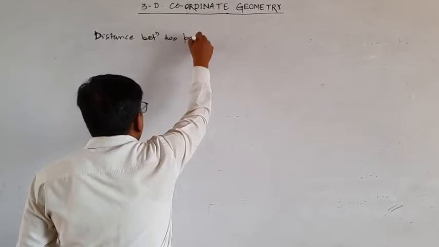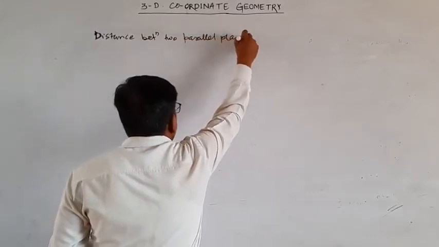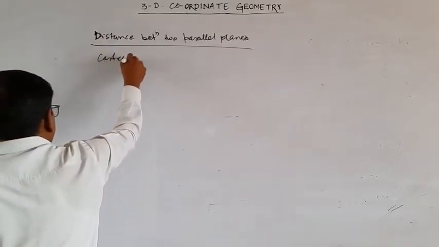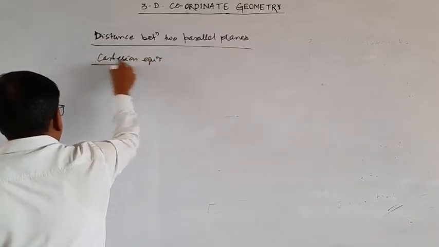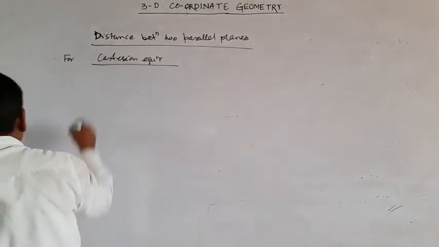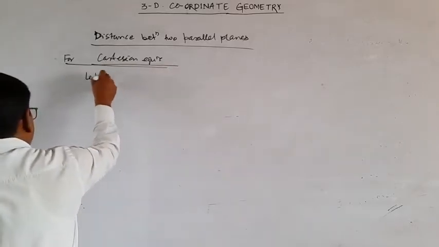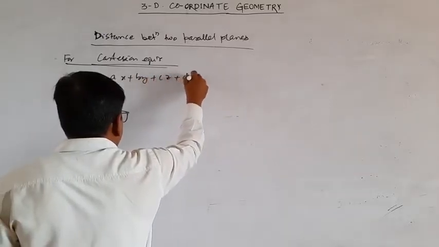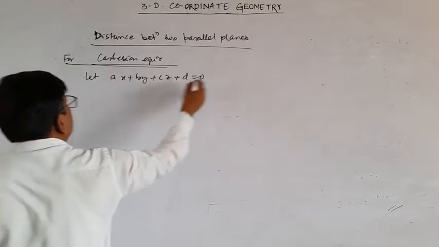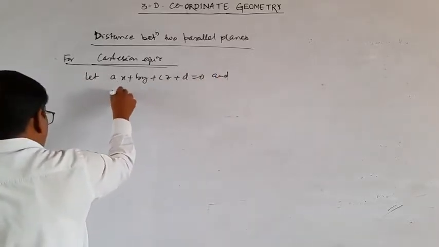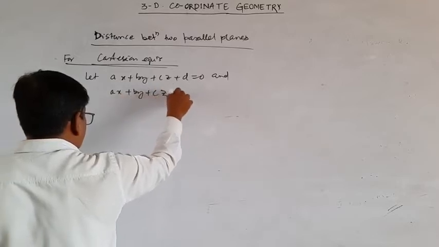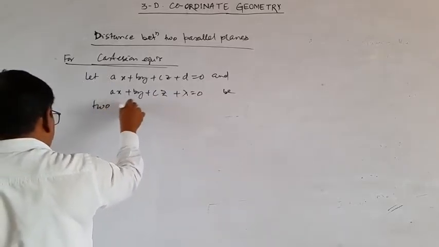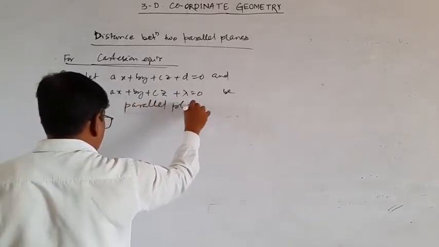For Cartesian equations, let ax + by + cz + d = 0 and ax + by + cz + lambda = 0 be two parallel planes.